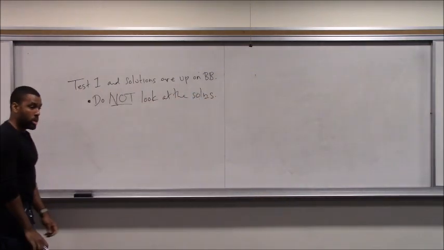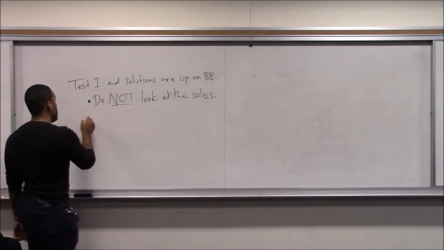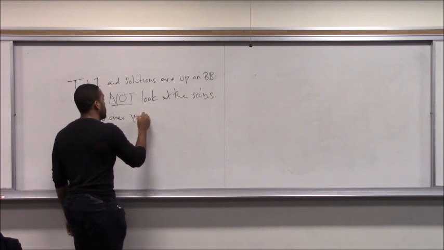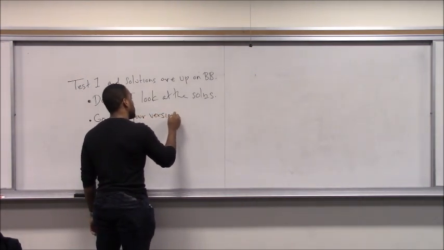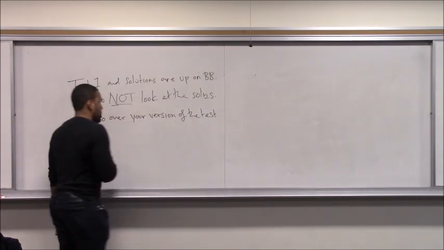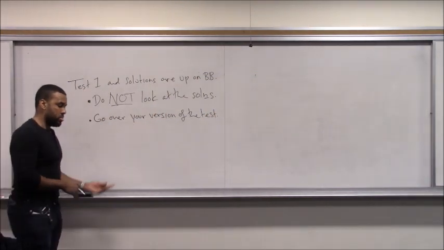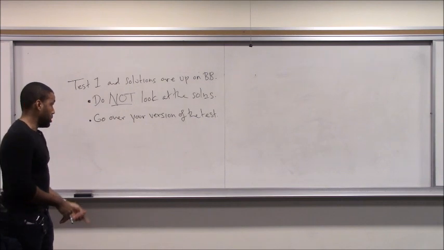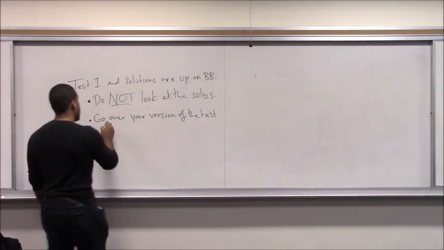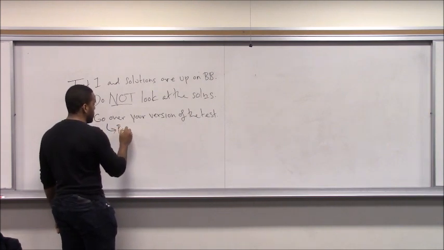Okay, what you will do is you will go over your version of the test. There are two versions, version A and version B. I want you to go over your version, right? So I give you version A, you're going to go over version A in the sense that you print out the blank version.